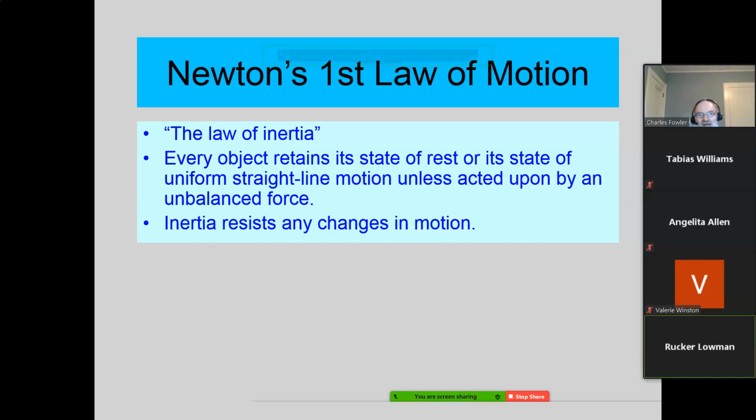Horizontal motion does not change its magnitude because gravity is pulling downward. Well, it's a level floor. So that downward force does not affect the horizontal velocity. Horizontal velocity stays the same. So that ball retains its state of uniform straight line motion unless it's acted on by an unbalanced force.